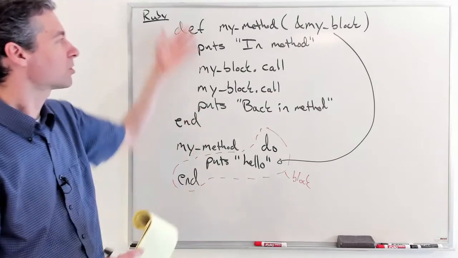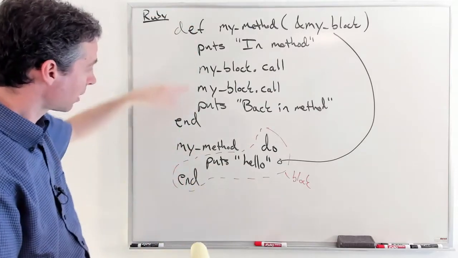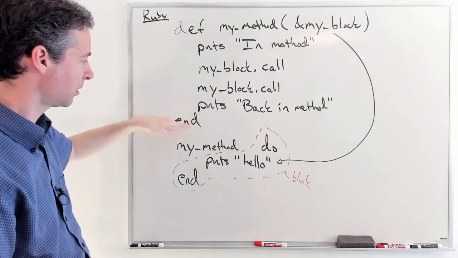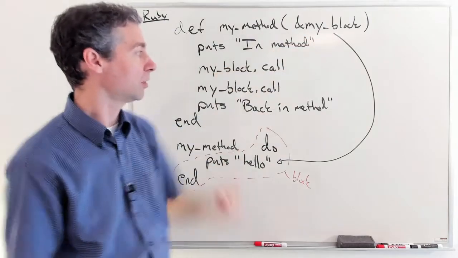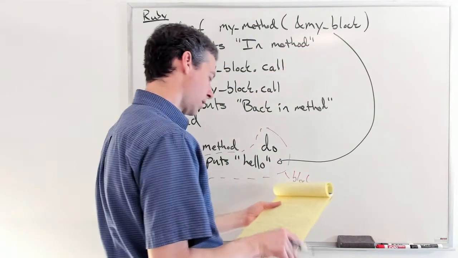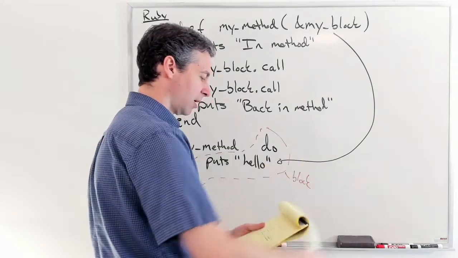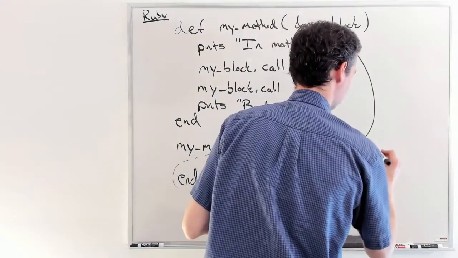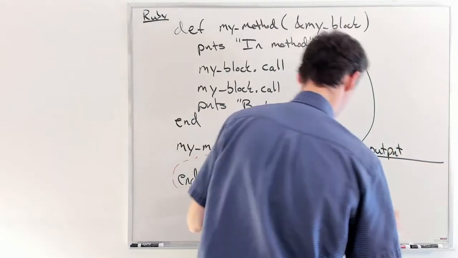All right. And so what happens when this runs? This just defines my method, and then we're going to call my method and pass this block to it. And so we get quite nicely the output.